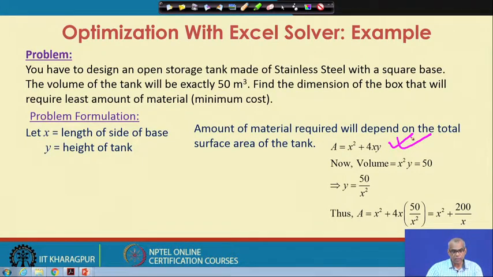Now, x and y are actually related because we know the volume. The volume is exactly 50 meter cube. So, volume of the storage tank is x square into y, and that is equal to 50. So, from this we can find out y as 50 by x square.